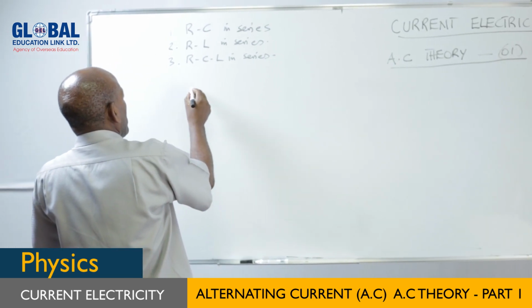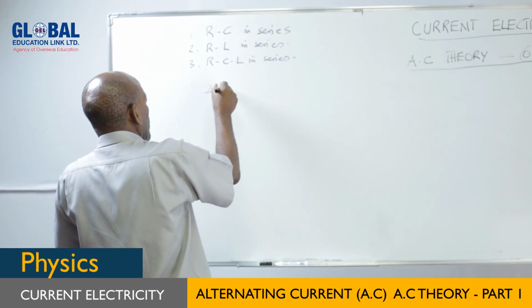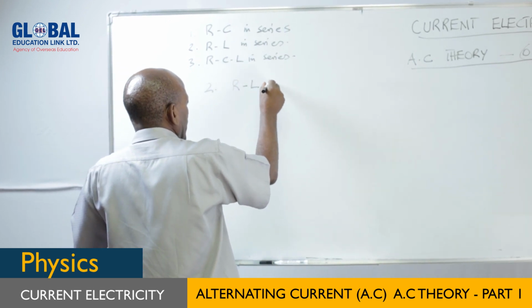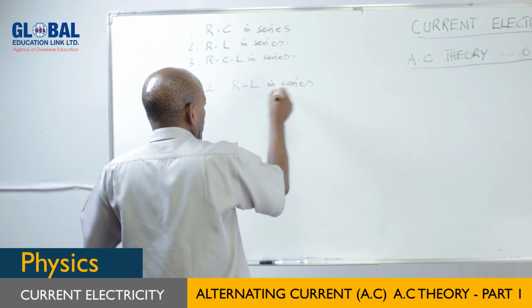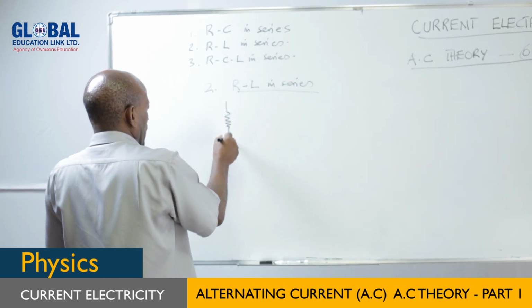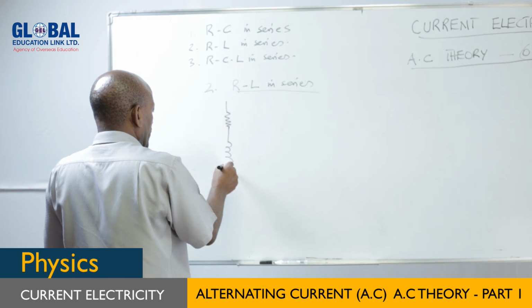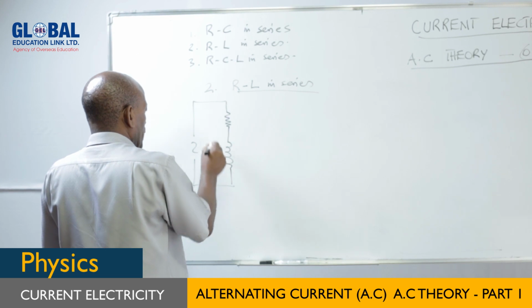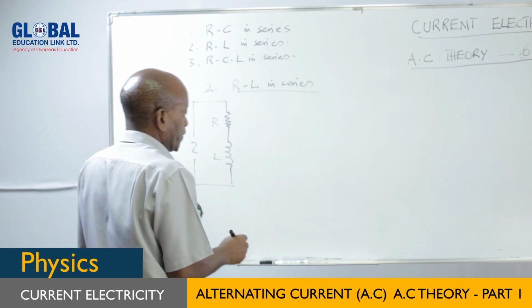Whenever we are talking about a resistor and an inductor in series. So here we are having a resistor and an inductor connected in series across an AC source. This is the inductor, this is a resistor.